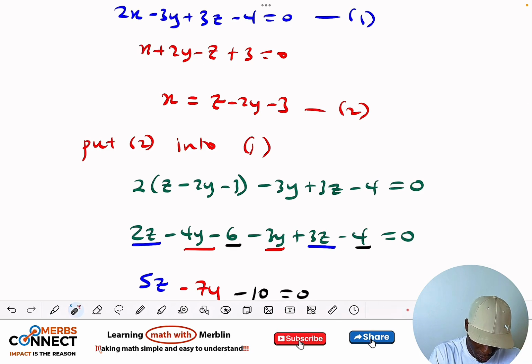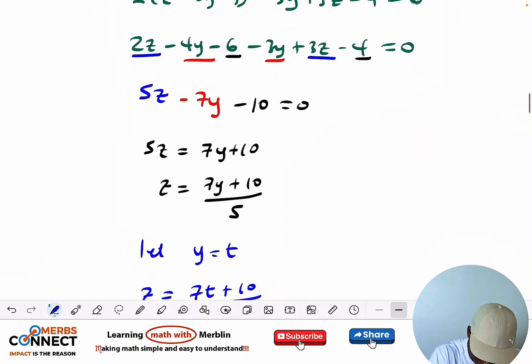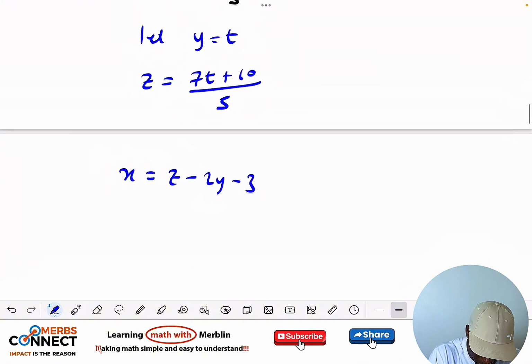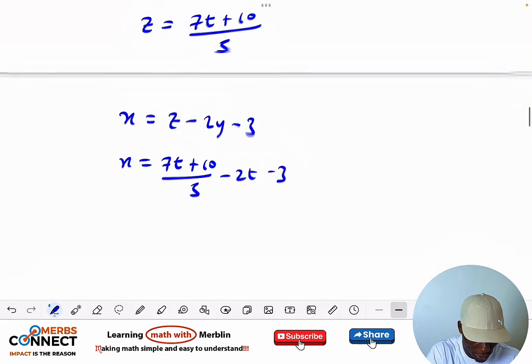From here we are going to plug them in. So x is equal to z minus 2y minus 3. So now x is equal to 7t plus 10 divided by 5 minus 2, and y is t minus 3. Let's try and simplify this.